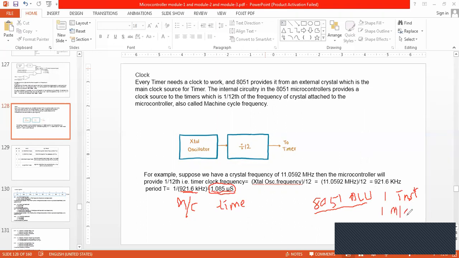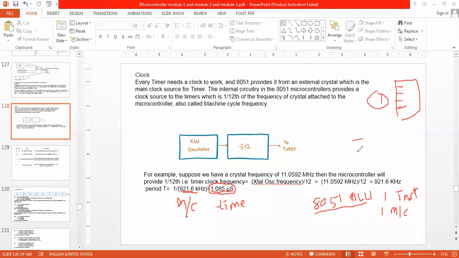Then if one program has 10 lines, how much time is taken to execute one program of 10 lines?